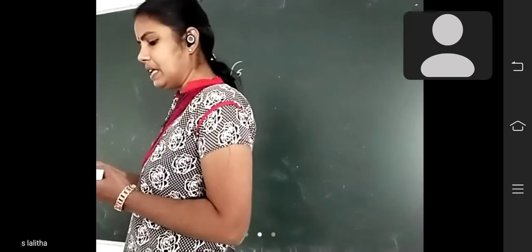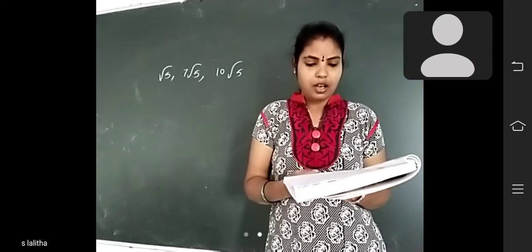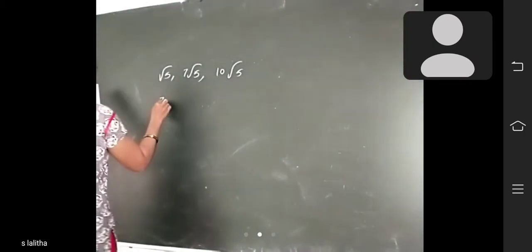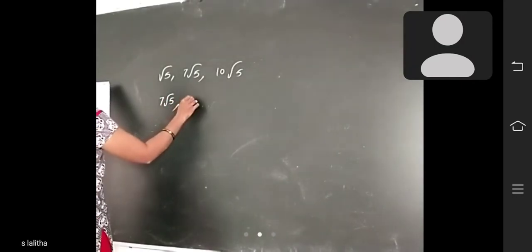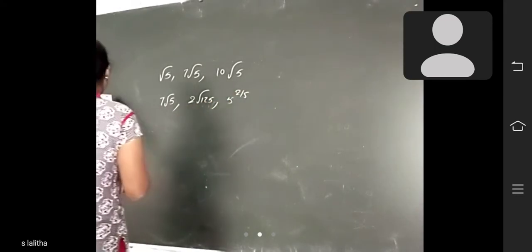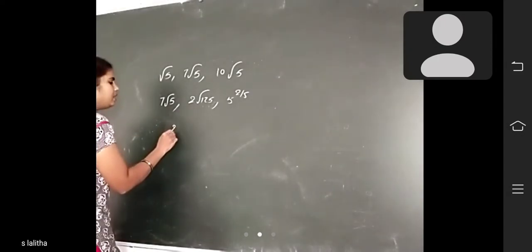Next, another example: 7 root 5, 2 root 125, 5 power 2 by 5 are also similar surds. Why? How can you write 2 root 125?